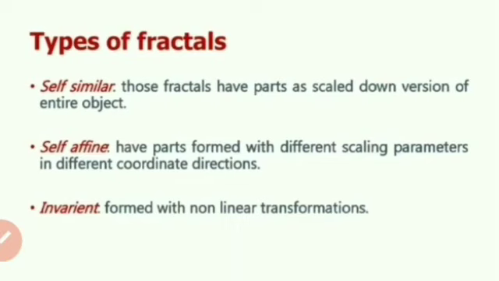You can also apply random variations to obtain statistically self-affine fractals. These are commonly used to model, for example, water waves, clouds, and terrain. In that case you can use this type of fractals.